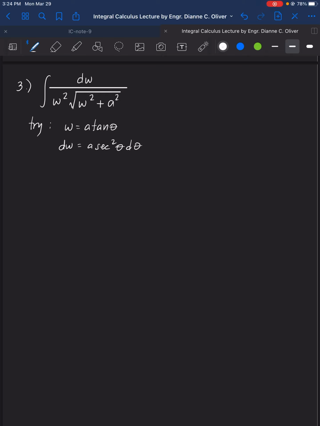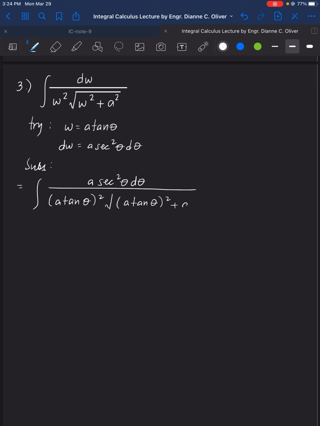Therefore, we substitute. First substitution, that is the integral of, for dw or d omega, a secant squared theta d theta all over w squared or omega squared, that will be a tangent theta squared, times the square root of omega squared, tangent theta squared, plus a squared.